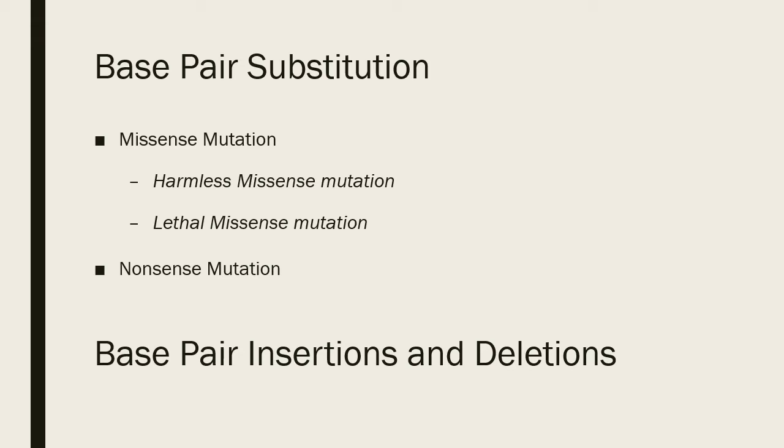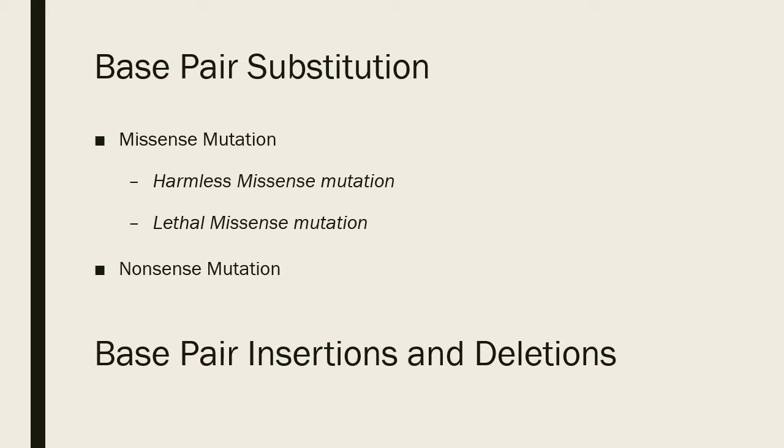When the mRNA does not change in meaning, it will code for the same amino acids and the resultant protein is the same. That's why this kind of mutation is called harmless missense mutation, in which the amino acid does not change despite the change of codon.